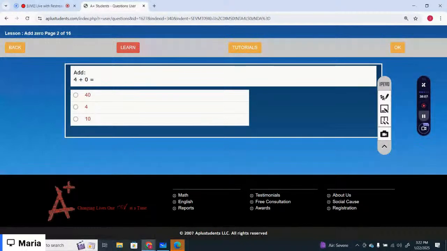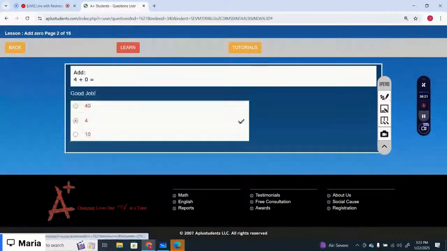Add 4 plus 0, which is the correct option? 4 plus 0 is 4. Option number 2 is the correct option.